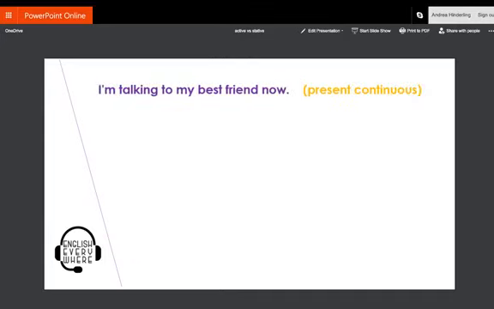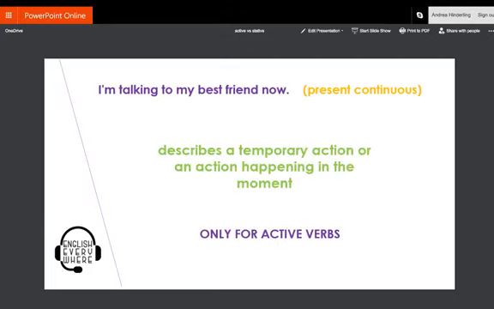So if we use the example, I'm talking to my best friend now, which we know is the present continuous, we know that the present continuous describes a temporary action or an action happening in the moment.